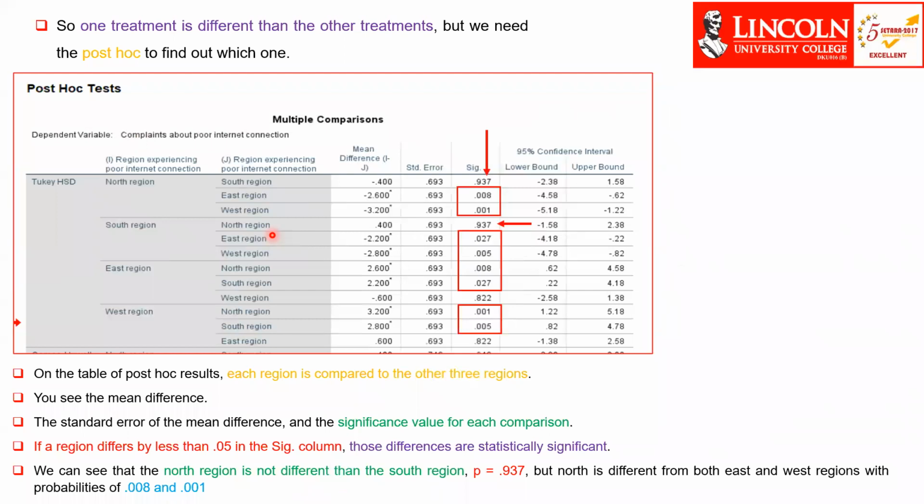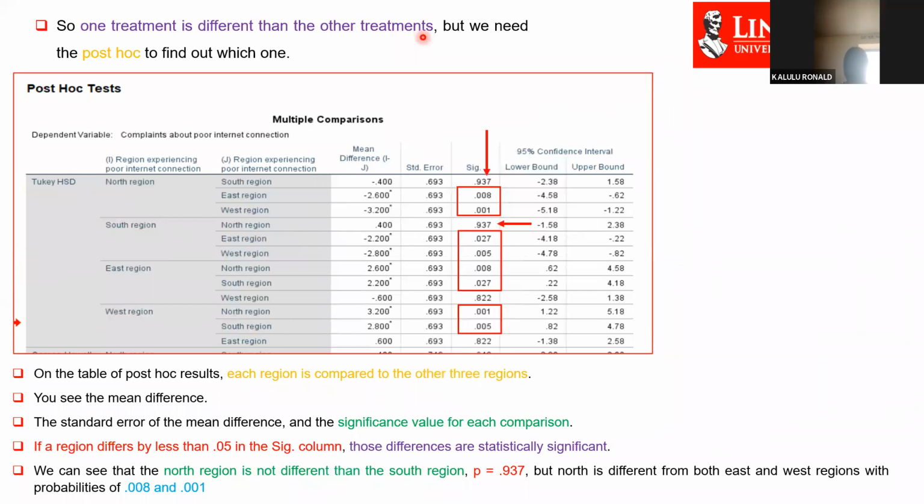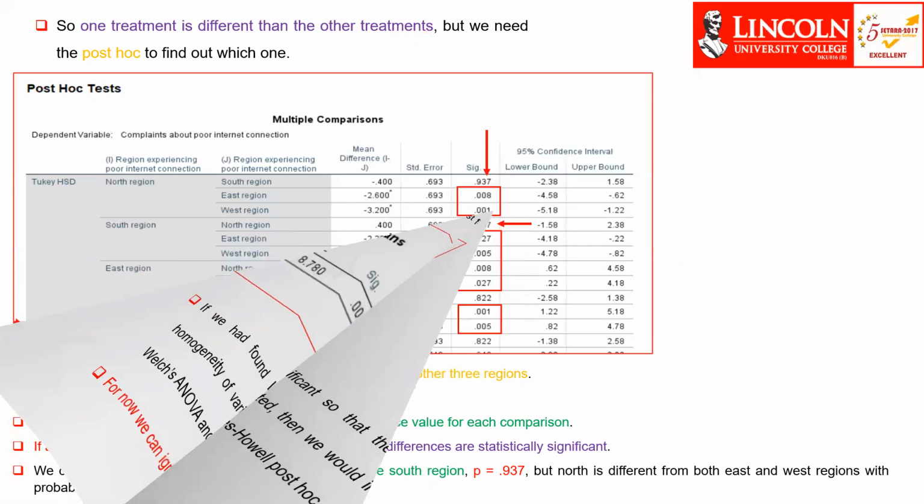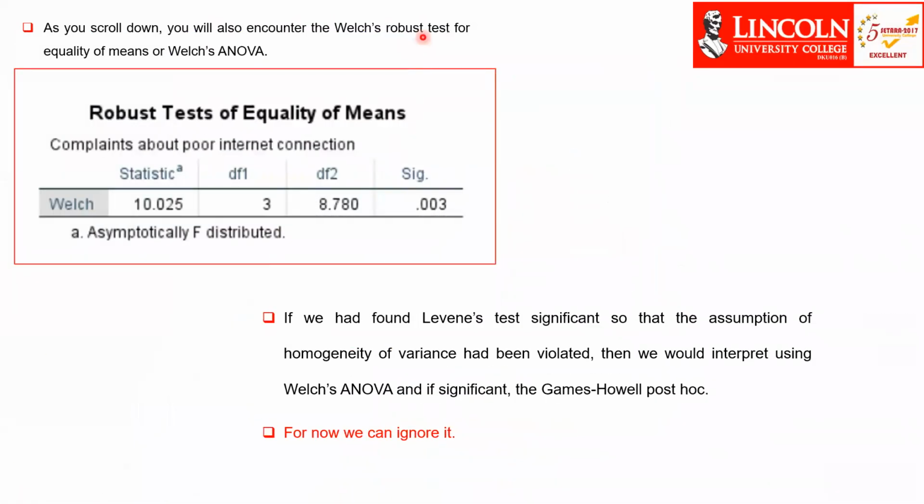And what we need to do here is that we have ascertained that one treatment is different from the other treatment. That is, we have groups that are significantly different from each other, but we don't really know which of them is different.